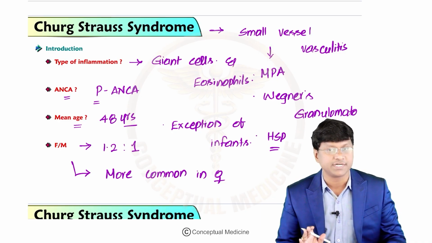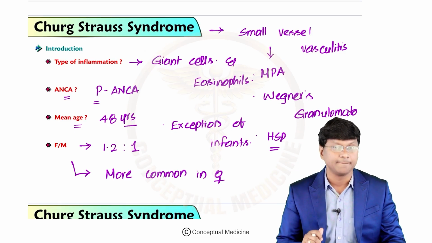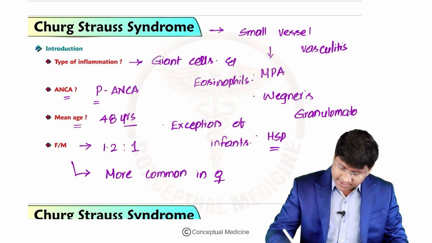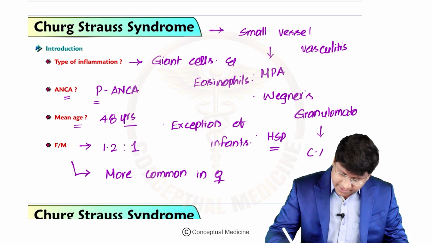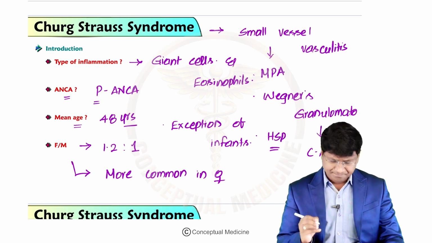Which one? The Churg-Strauss syndrome. And it is ANCA associated vasculitis with P-ANCA, whereas C-ANCA is positive in case of Wegener's granulomatosis.